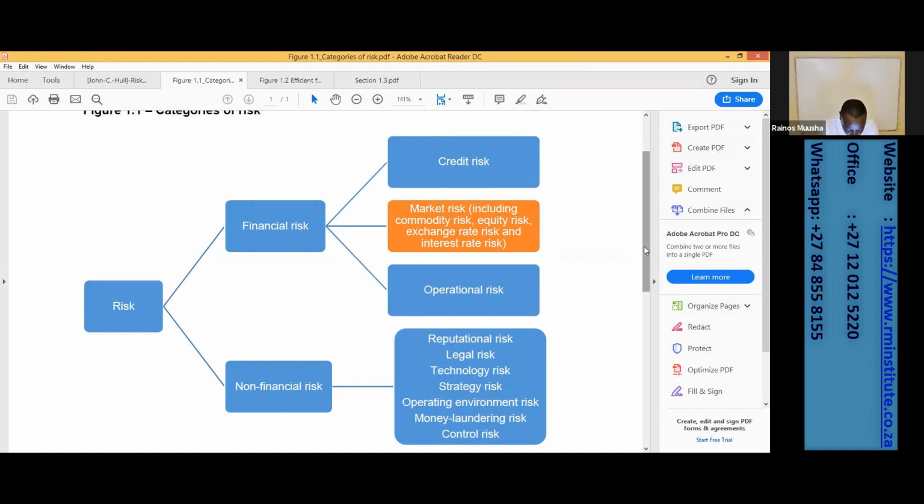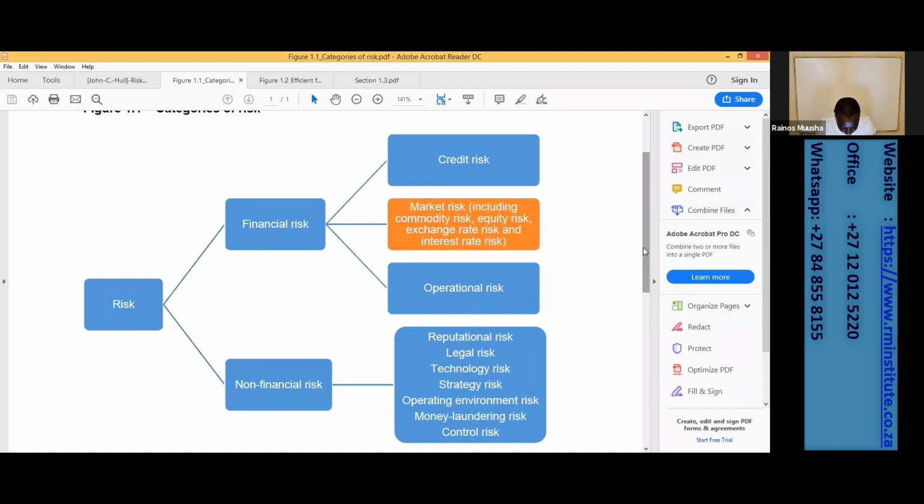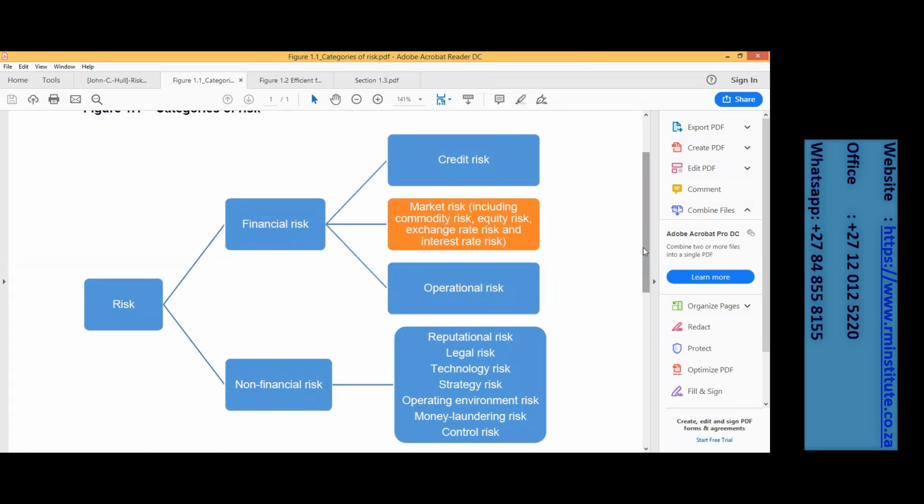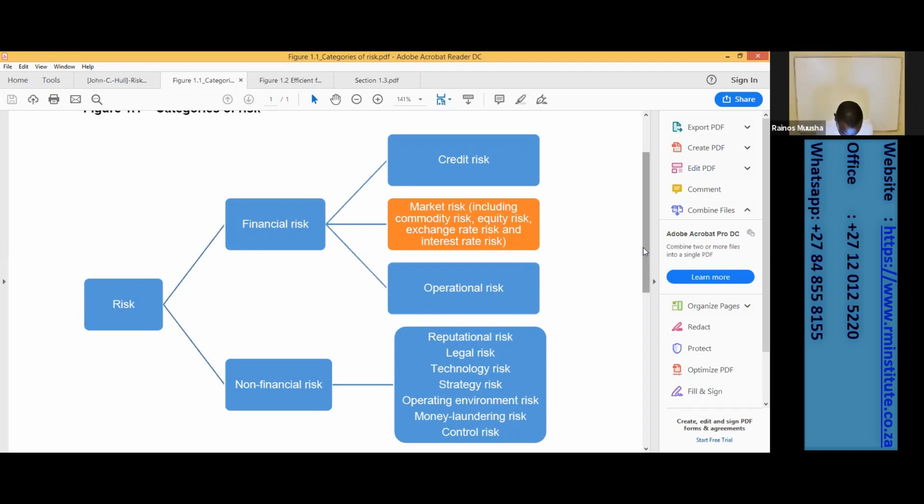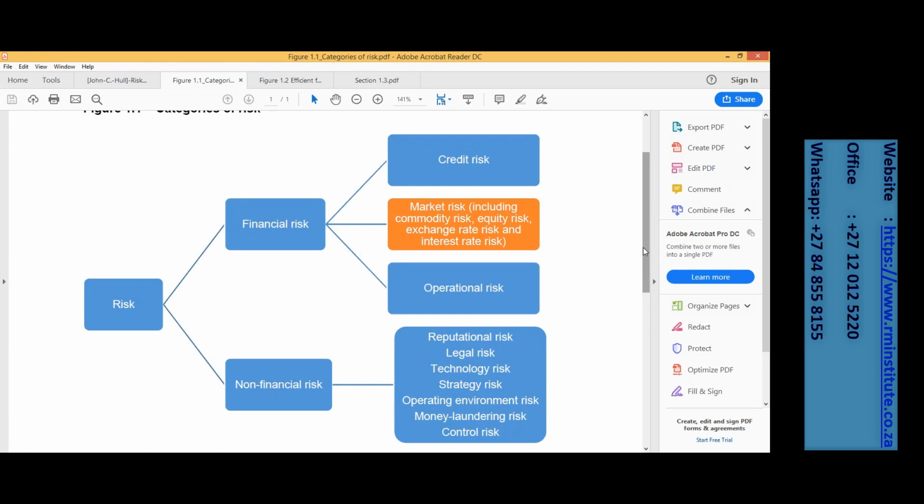That's basically what they look at when you look at control risk there. I would have thought that would be an operational risk then. Yeah, no, it's fine. I just found it a bit funny that it was taken out of operational risk and put as a separate risk.